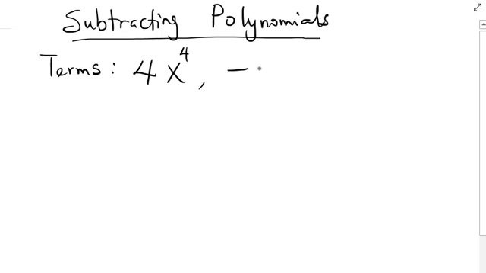Another example is number and variable parts, and the variable parts can be a combination of variables. So for example, this.